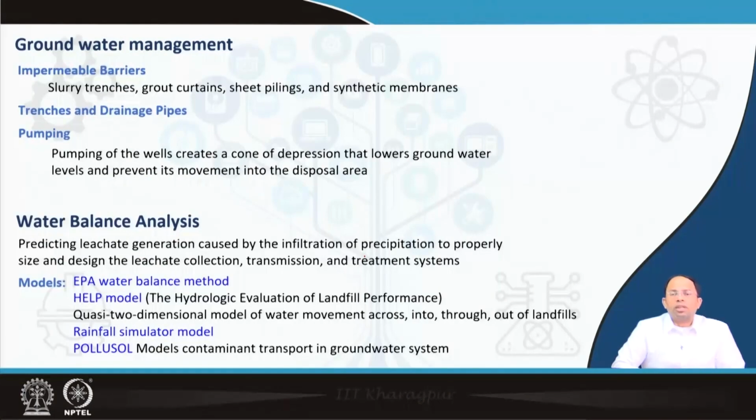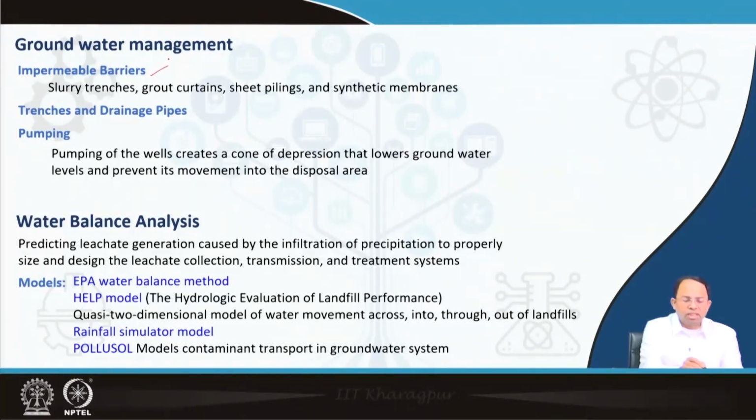And then we also sometimes may need to go for groundwater management as well, but this is rare because we will try not to design landfills at areas with high water tables, but sometimes we cannot avoid that. There, at different seasons, maybe the water table comes up, so we have to take some protective measures. What are these measures? One is putting some impermeable barriers.